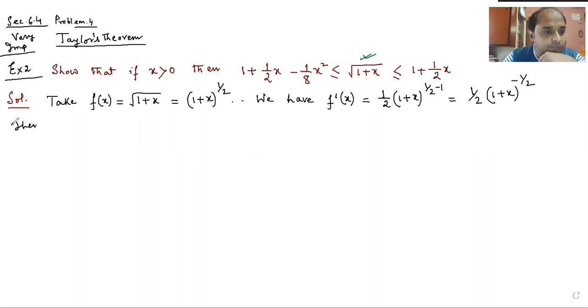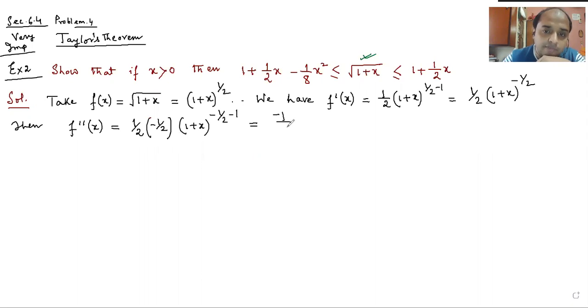Then f double dash x would be half times minus half (1 plus x) to the power minus half minus 1, which is minus 1 by 4 (1 plus x) to the power minus 3 by 2.